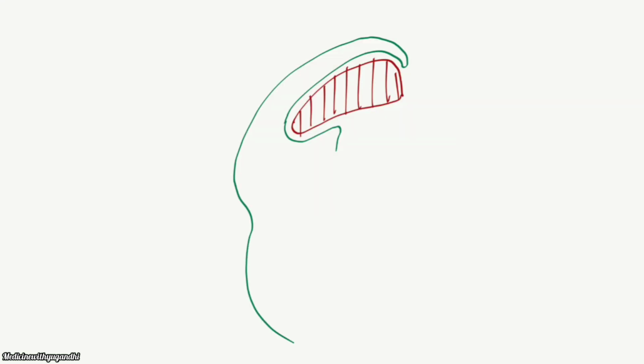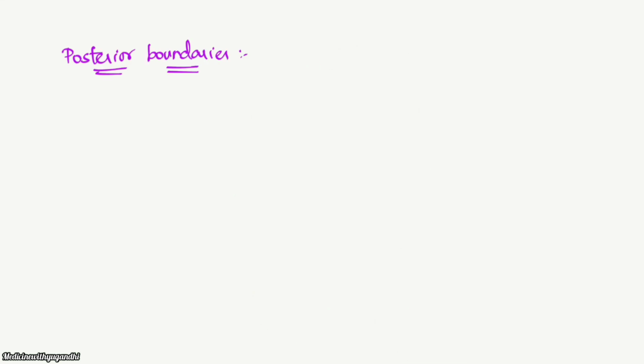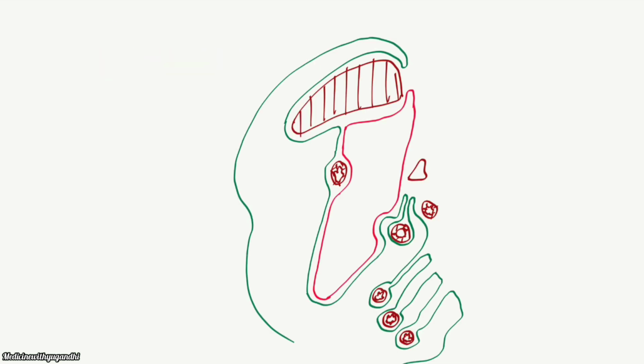Now coming to the posterior boundaries of the lesser sac. For that I am going to draw a sagittal section through the abdomen. Hope all of you could orient yourself, though I am mentioning the structures. See, this is the parietal peritoneum attached to the anterior abdominal wall, and this is the visceral peritoneum covering the liver.